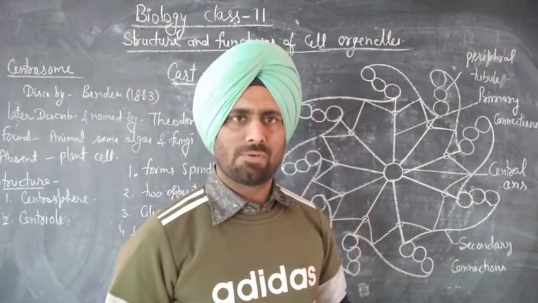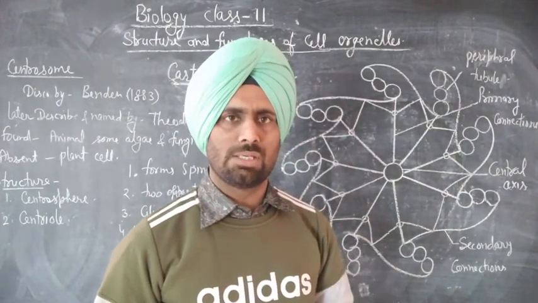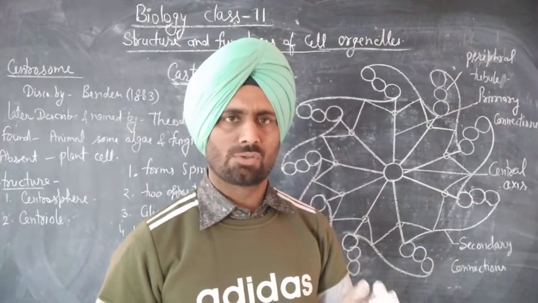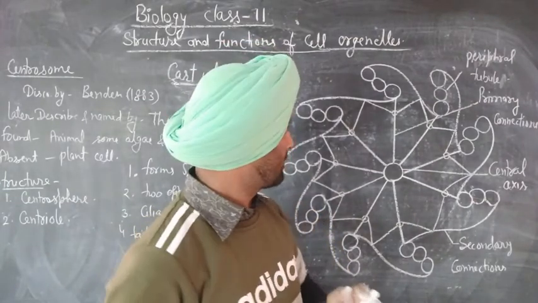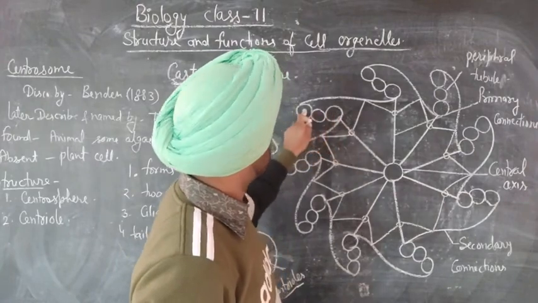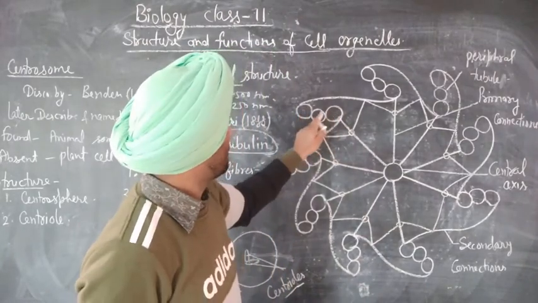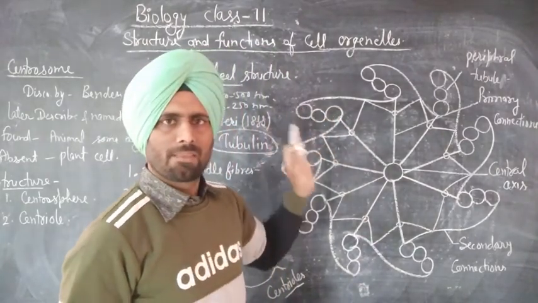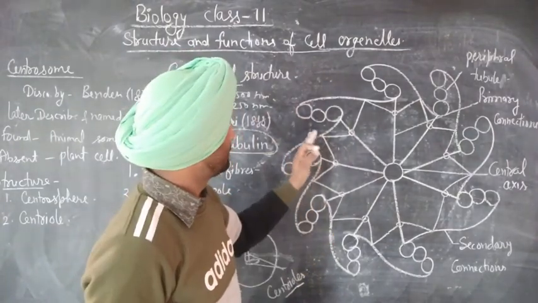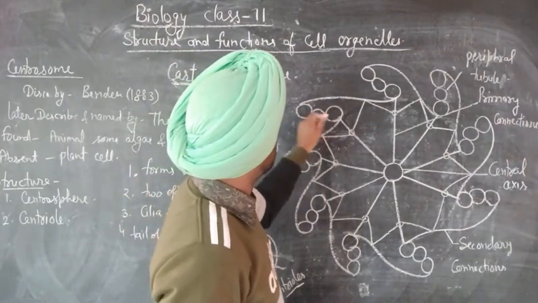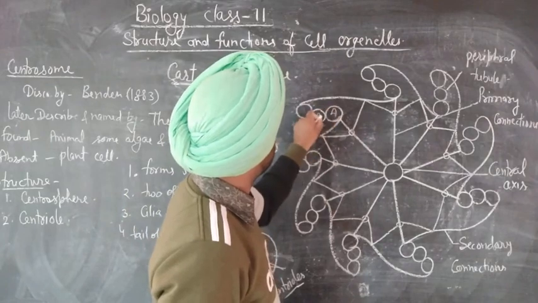Each peripheral tubule consists of 3 subunits or 3 microtubules. Okay. The subunits are A, B, and C.